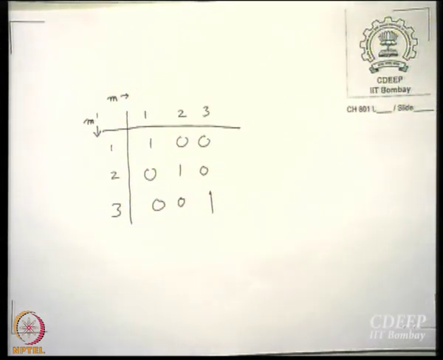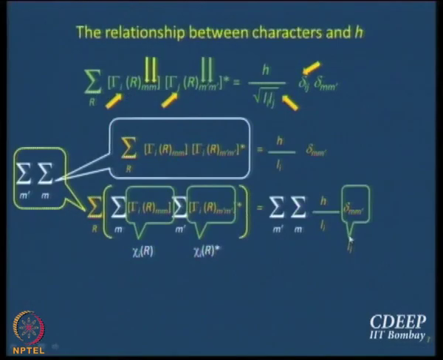So now if I add everything up, 1 plus 0 plus 0 plus 0 plus 1 plus 0 plus 0 plus 0 plus 1, that is 3, right. So if I did that for Li equal to 5, what would the answer be? 5. For Li equal to 283, without getting carried away too much, the answer is Li.